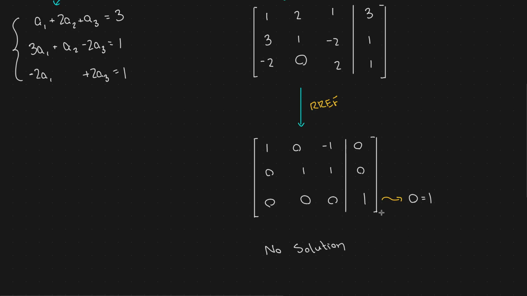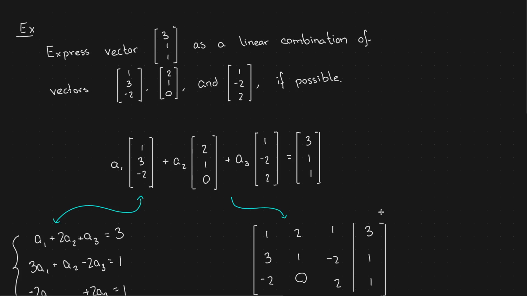Well, what does that mean in the context of linear combinations? It means there is no choice for a1, a2, and a3. There's no values that we can pick so that we can write 3, 1, 1 as a linear combination of these other three vectors. Okay? It's not possible.